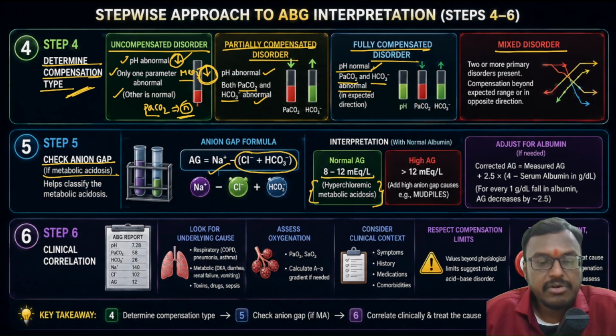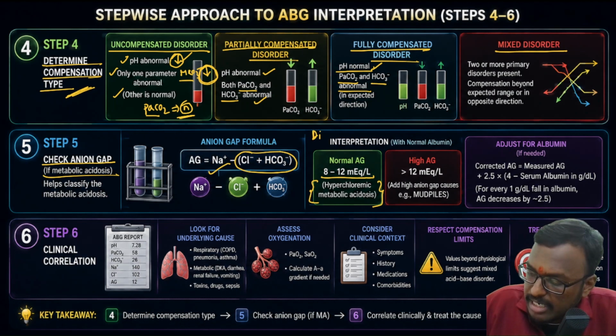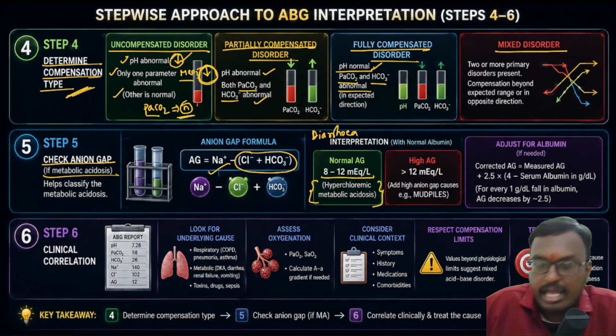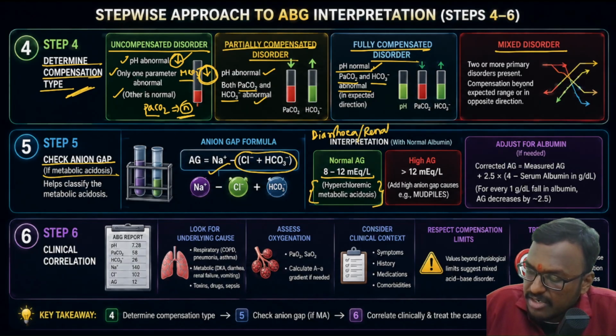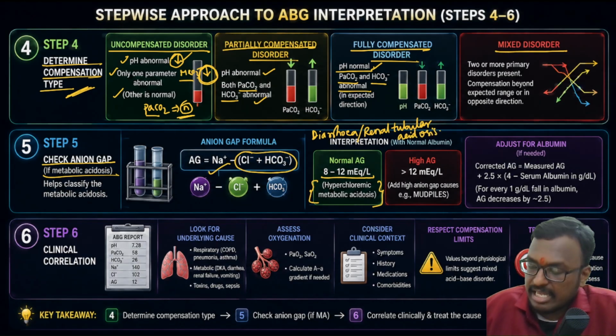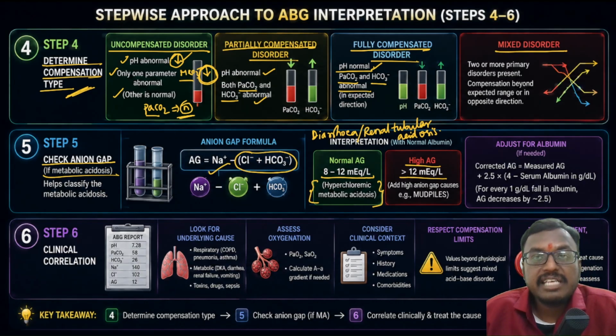It is called hyperchloremic because the loss of bicarbonate is balanced by an increase in the chloride. The common examples are diarrhea and renal tubular acidosis.